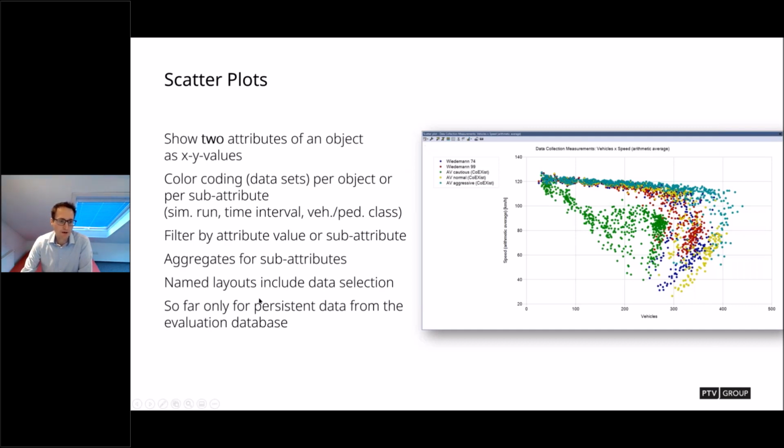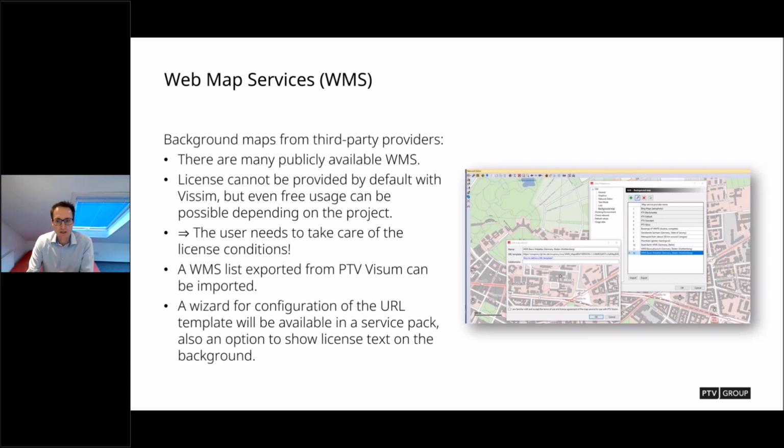So far you can only visualize persistent data, so data which is inside of Vissim. We think of, it's not yet a promise, but we'd be keen to hear from you, making that available also for vehicle records, so individual vehicle data that you can visualize within Vissim. A potential improvement for the next version.